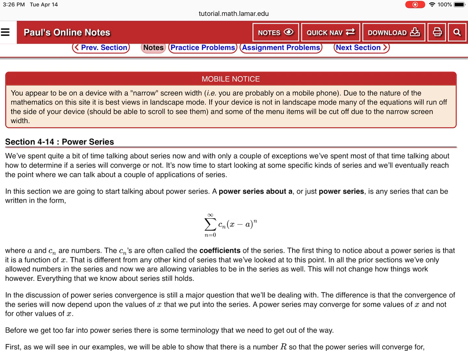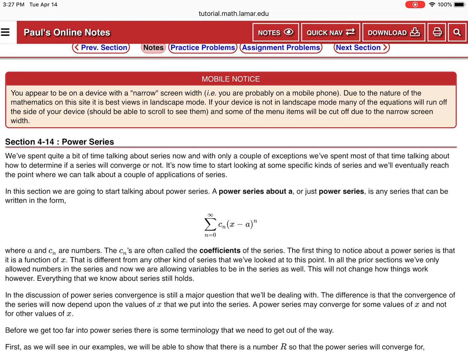And the first thing, and I'm just reading this courtesy of the lamar.edu site, the first thing to notice about a power series is that it is a function of x. And that's different from any other kind of series that we've looked at to this point. In the prior lessons, we've only allowed numbers in the series, and now we're allowing variables to be in the series as well.